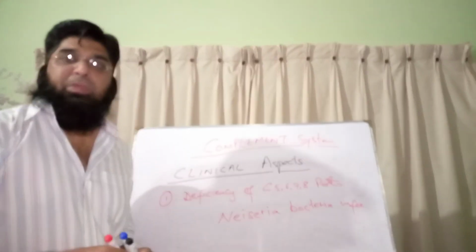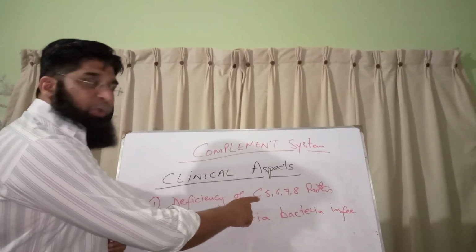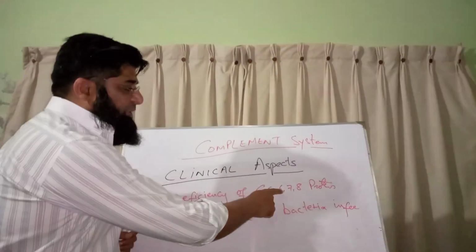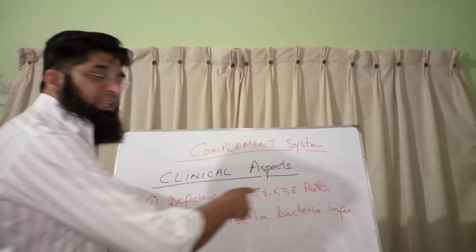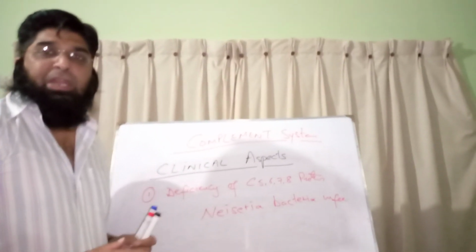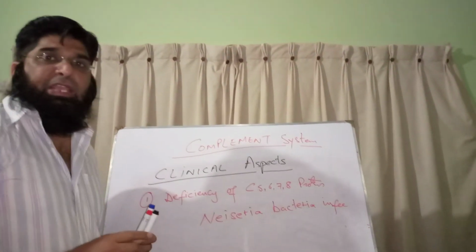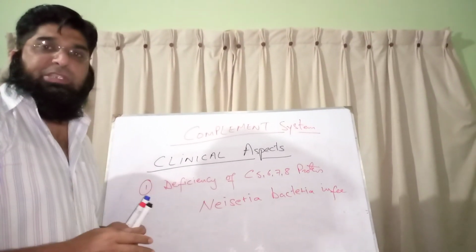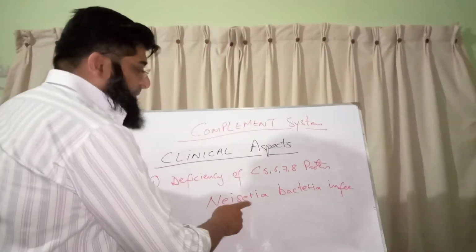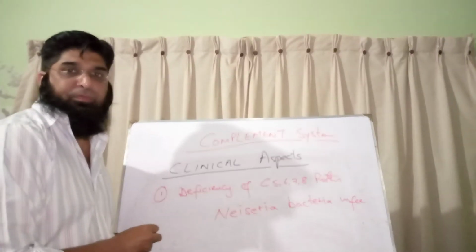Okay, it means that if these complement proteins 5, 6, 7 and 8 are deficient in our serum, then the patient is at more risk of developing Neisseria bacterial infections.